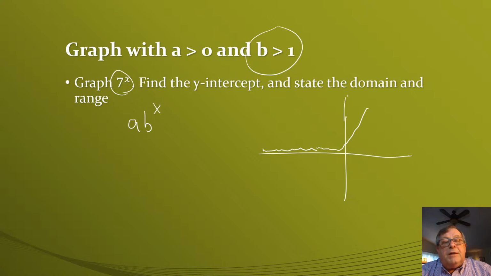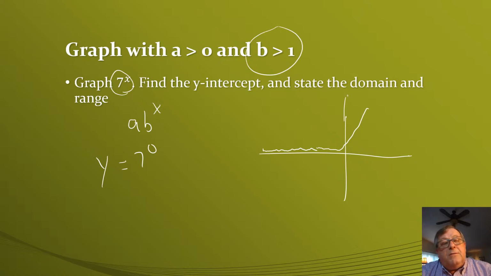Now, in addition to graphing it, we're asked to find the y-intercept and state the domain and the range. Well, let's think about this y-intercept first. Algebraically, if I'm going to find the y-intercept, I set x equal to 0 and solve.